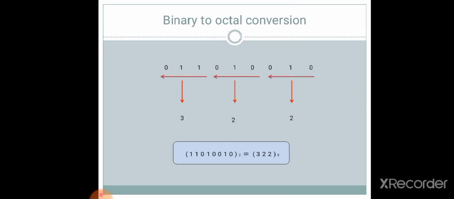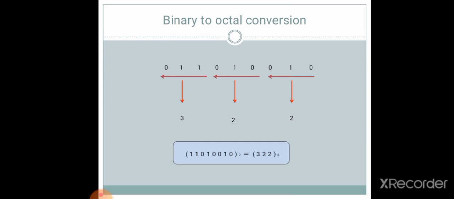After making the group of 3-bit binary, you are able to put only the decimal equivalent up to 7, and those decimal numbers 0 to 7 are equivalent to the octal number system. Are you getting the point? If any doubt regarding this, you can ask me.